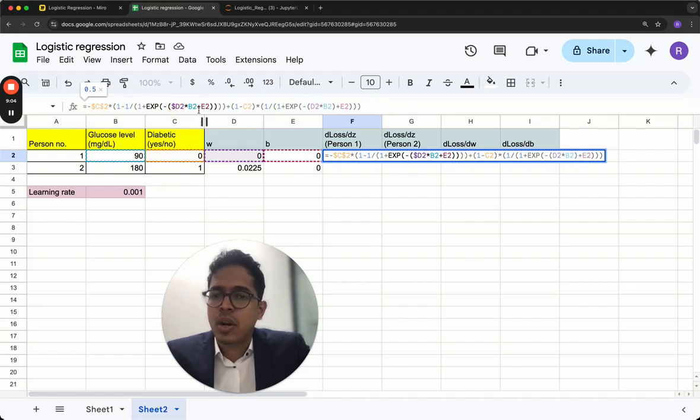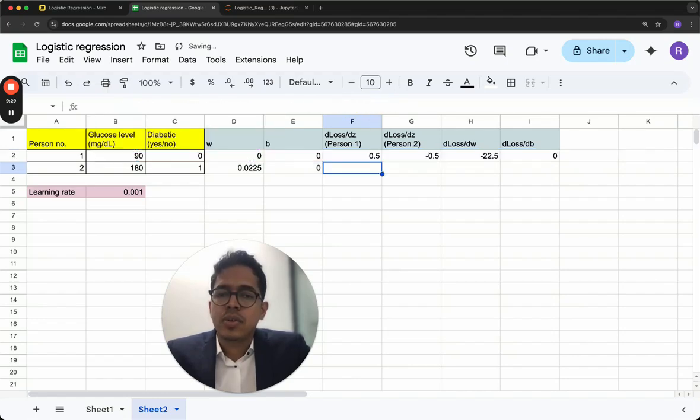So I can put $D, then B2 will be $B$2, then E2 will be $E, but just 2, because 2 will become 3, 4, 5, 6, etc. Because the value will change. And here it will be 1 minus $C$2 divided by 1 plus exponent of $D times $D2, not $D$2. Then here it will be $B$2 plus $E2. So this part is fine.